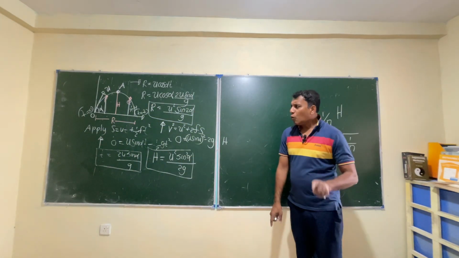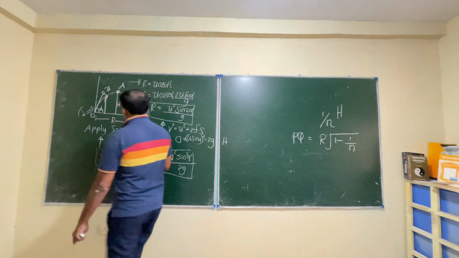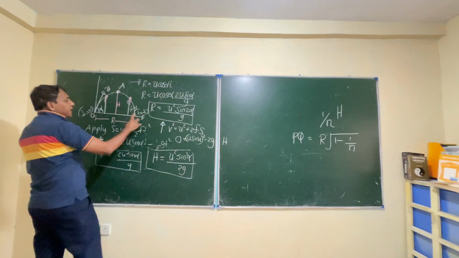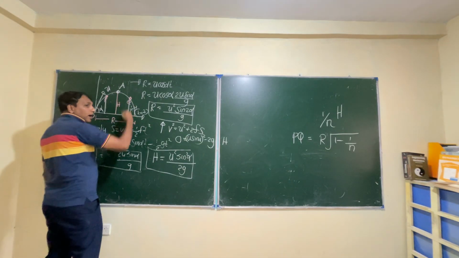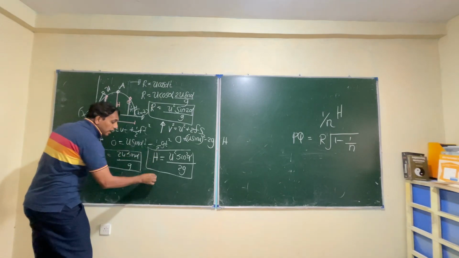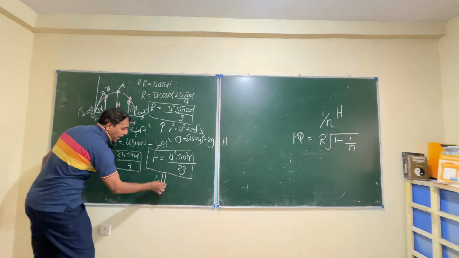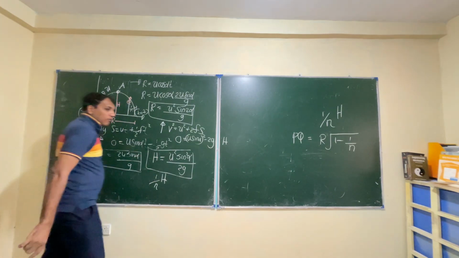Now, the idea of the question is that when the particle moves along its path, there is a height above the ground, or above the projectile point, of one nth of the maximum height.